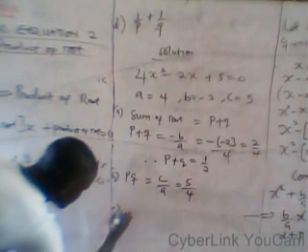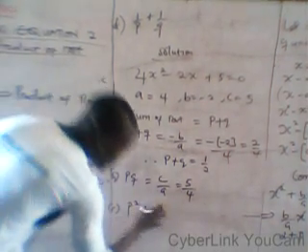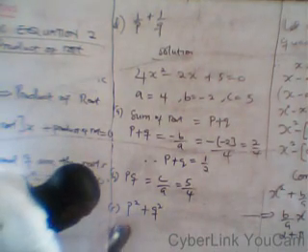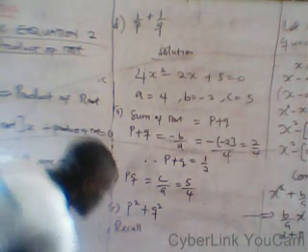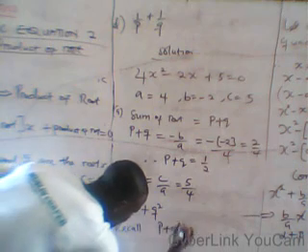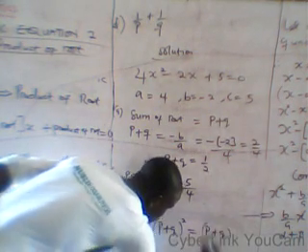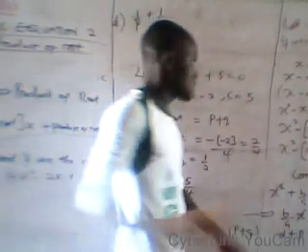Then the next one, which is P squared plus Q squared. This one might just look technical, but it's simple. Now, you recall that P plus Q everything squared is given as this.